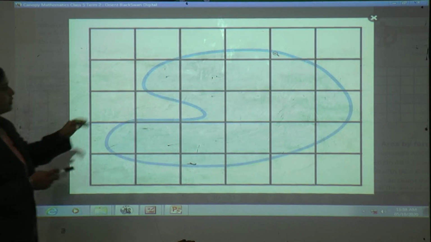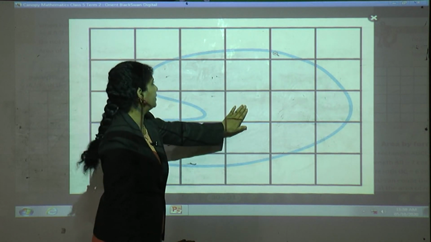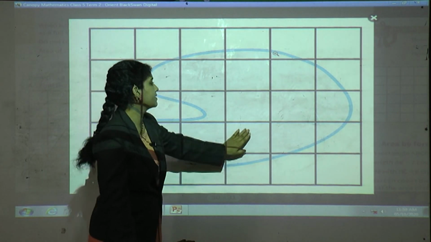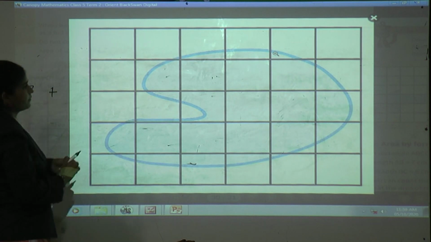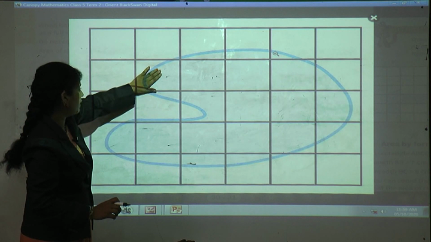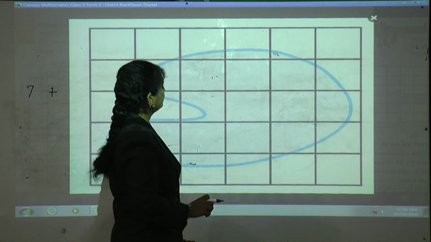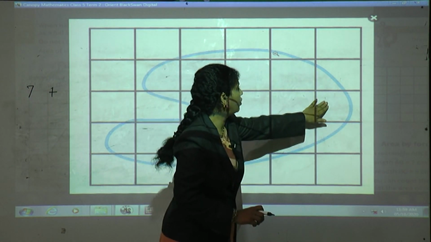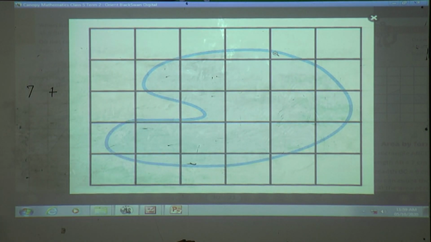See, first we will count full squares. 1, 2, 3, 4, 5, 6, 7. So 7 full squares plus half squares or more than half. 1, 2, again here, yes, 3, 4.